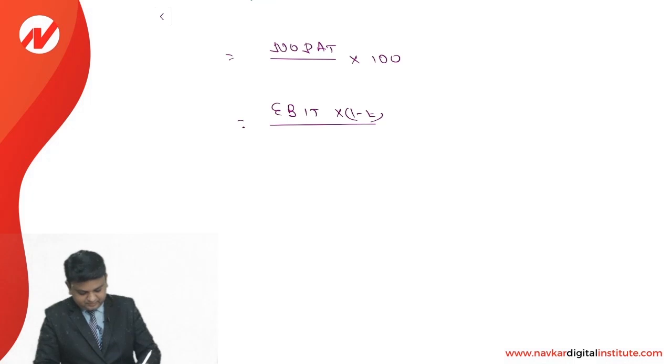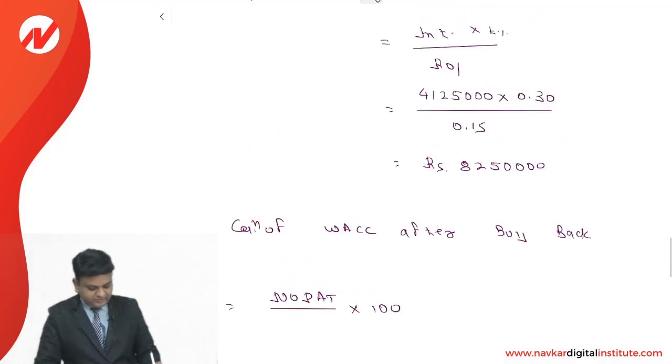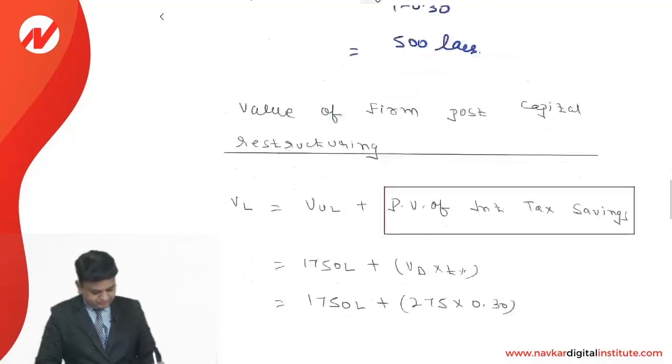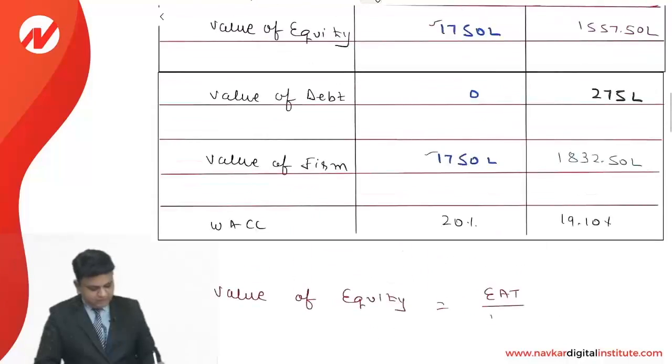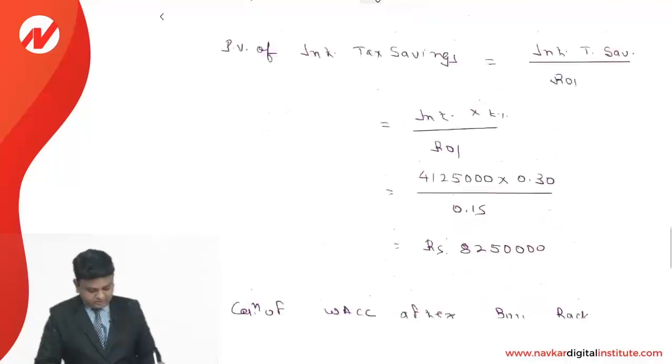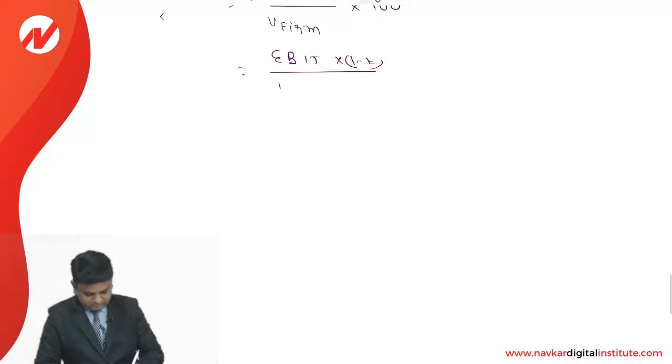So the value of the firm is 1832.50, into 100 for getting answer in percentage term.